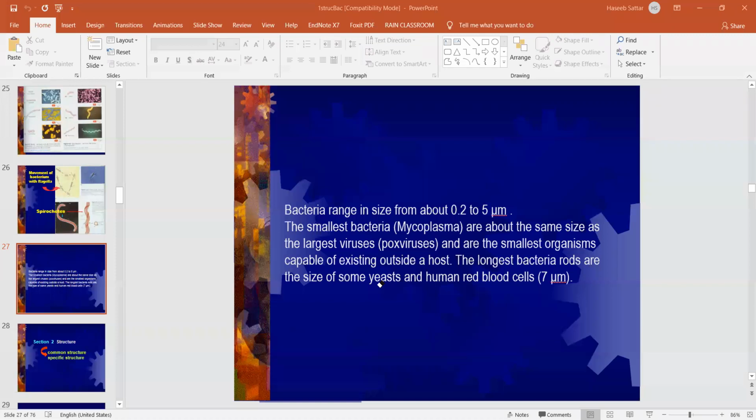So our red blood cell size is around 7 micron, and we can see this under a simple light microscope. Most bacteria can be seen under a light microscope, but the longest rods are equal in size to the human RBC or a yeast cell. But the normal range is 0.2 to 5 micron.